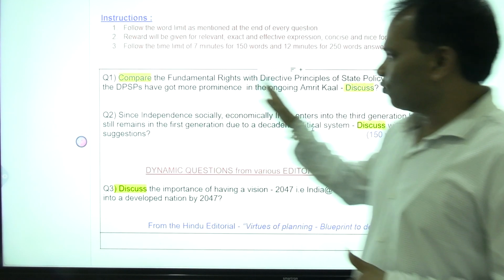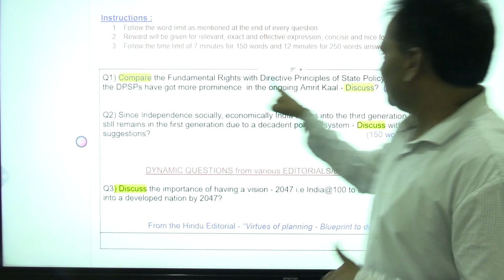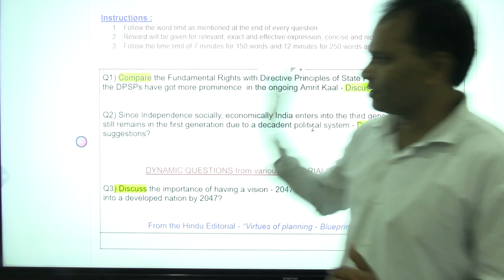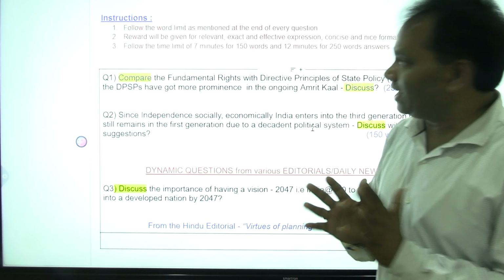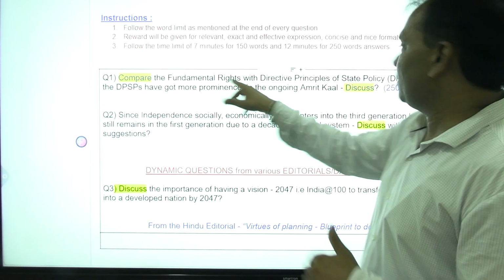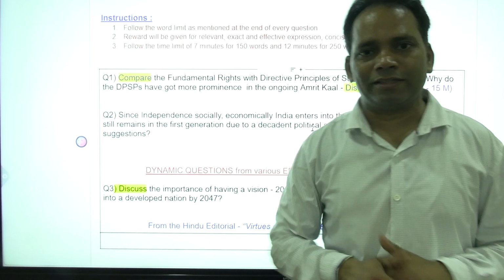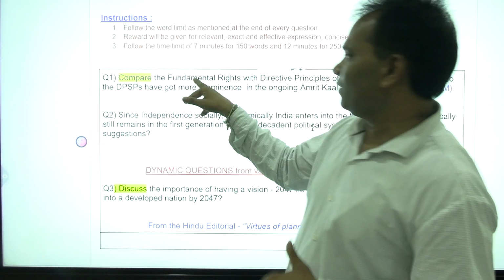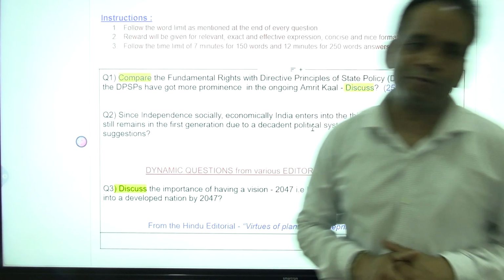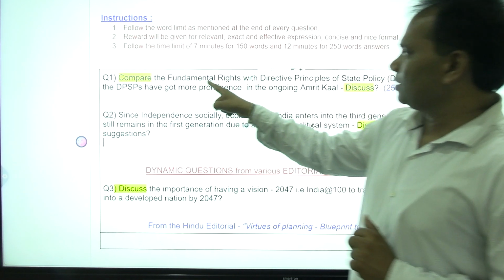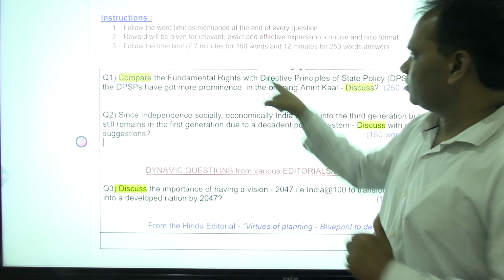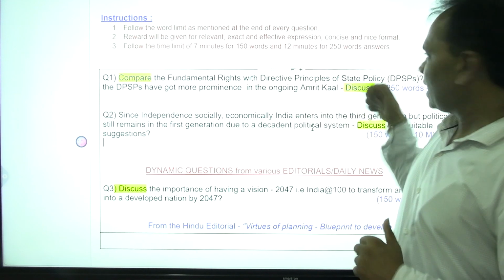As far as this question is concerned, compare the fundamental rights with the directive principles of state policy. First you should identify the similarities between the fundamental rights and directive principles of state policy. Then the differences between the fundamental rights and the directive principles of state policy. This is what is important. Now let's discuss the fundamental rights and the directive principles.